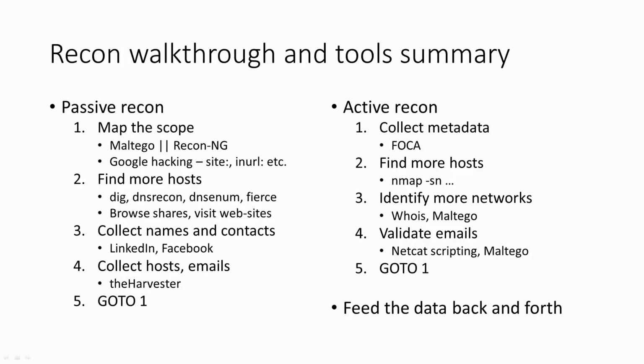So let's start with passive reconnaissance, step 1. We map the scope of the client. We use Maltego to dig into some basic information about what the network properties are, what the presence is in terms of DNS names: what's the MX record, what's the NS record, what's the WWW record, what is the list of popular DNS names within that domain, and what are the IP addresses of those host names.